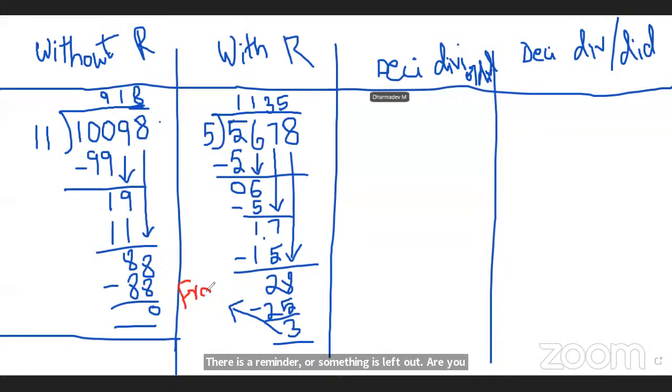When I say nothing is left out, then the fraction is clear. When I say something is left out, then I have to solve with a fraction. Okay, so here is the place we get introduced to the fraction. Do I get a fraction here? No. Even though I write it, I would say the number 918 is my answer. So I can say 918 divided by 1 is my answer because it gives me the same.